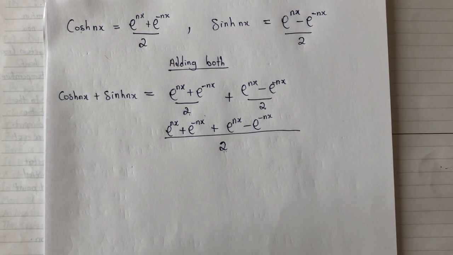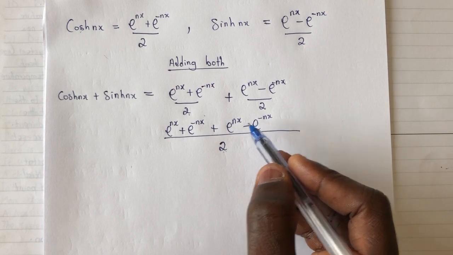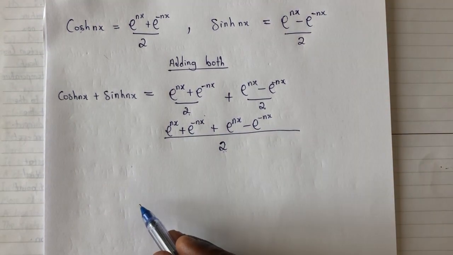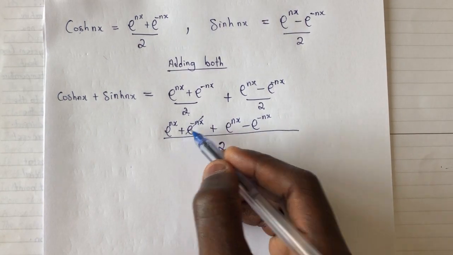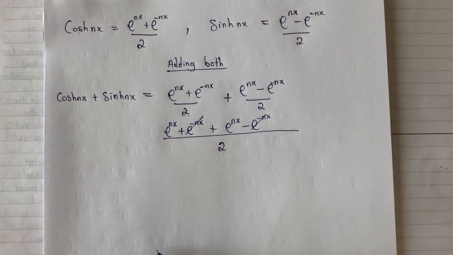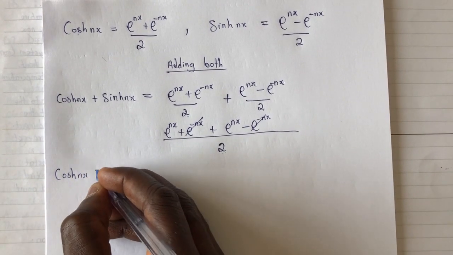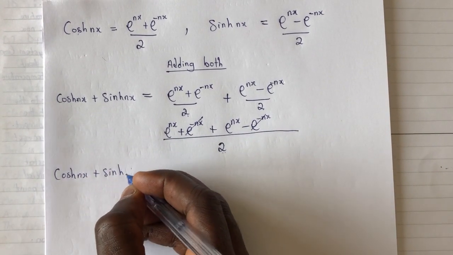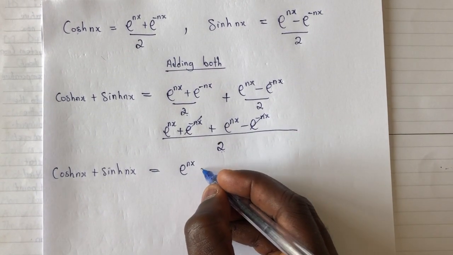Now when you get here, look at this very carefully. This side and this side are the same. They can cancel. This is negative, this is positive. So this will cancel this one.